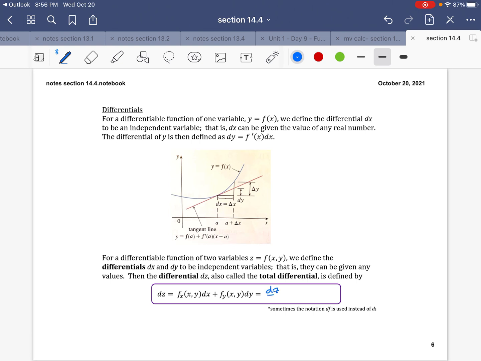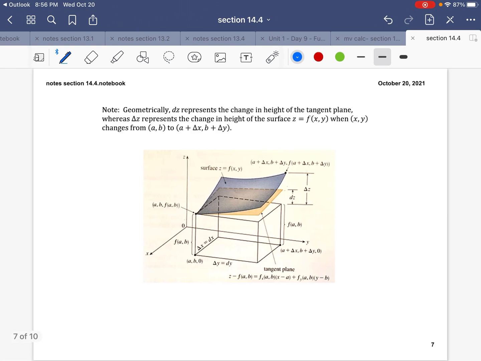We're going to be doing dz/dx, the derivative of z with respect to x, which is what fx is, and then we're multiplying that by dx, the change in x. And then we're going to say dz/dy times a change in y. And I know it looks like you can cancel the dy's and the dx's, but watch what we do on the next page. So this is just the whole same picture in 3D. And so notice you got the change in the tangent plane versus the change in the actual function.